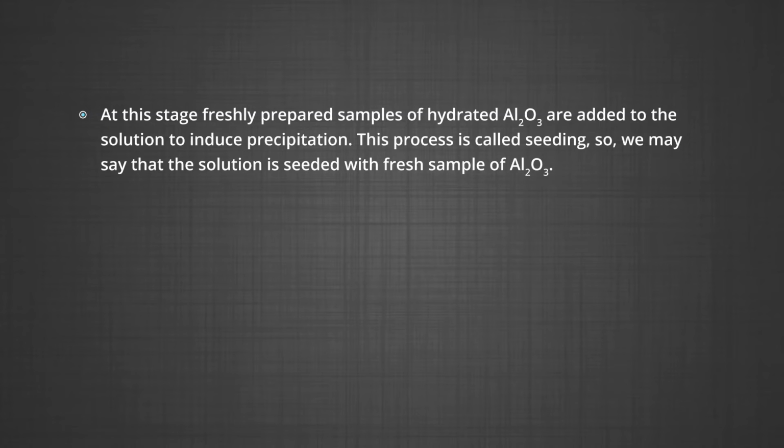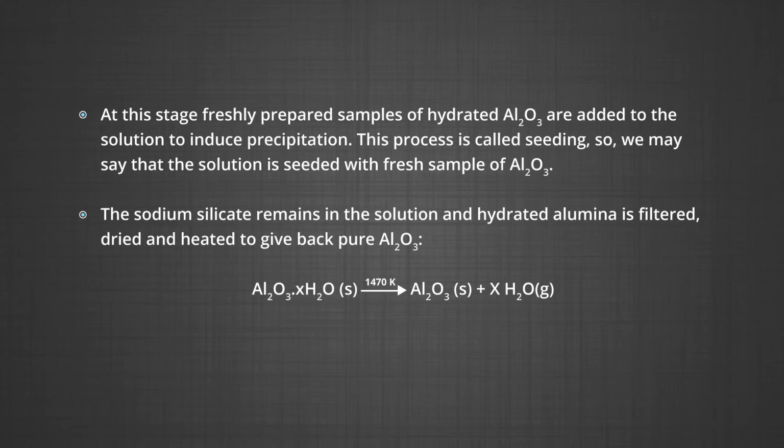This process is called seeding. So, we may say that the solution is seeded with a fresh sample of alumina. In the third step, the sodium silicate remains in the solution and hydrated alumina is filtered, dried and heated to give back pure alumina, that is Al2O3.